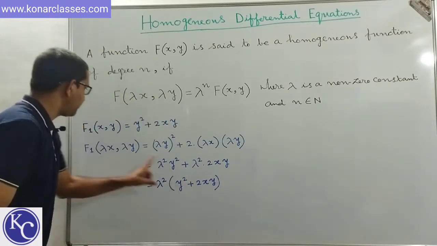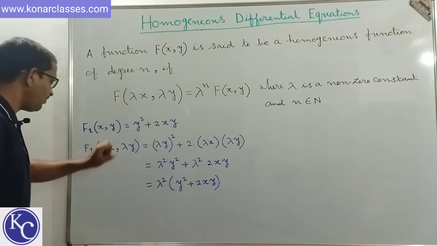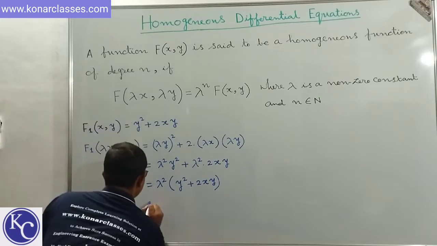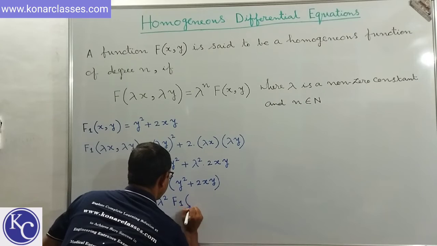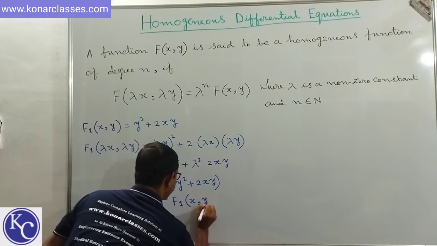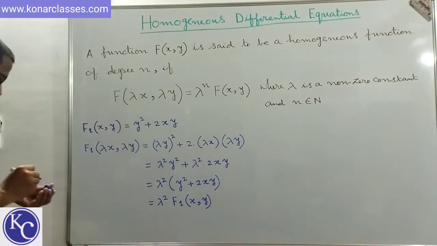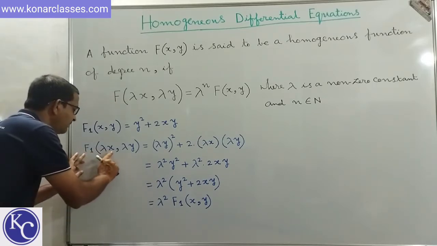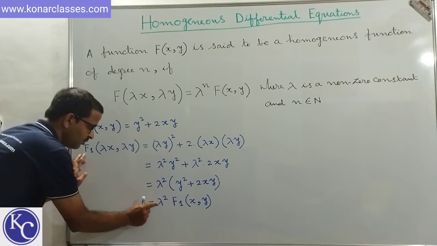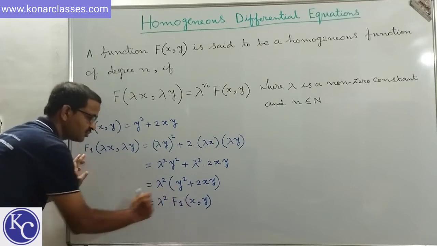So what is y square plus 2xy? It's nothing but f1(x, y). So that is equal to λ square into f1(x, y). So what we see, dear students, is that we are able to express f1(λx, λy) as λ square into f1(x, y).